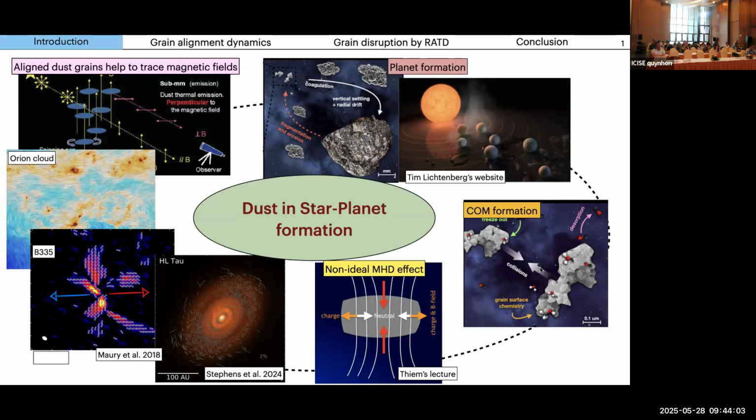The charged dust grains can control the magnetic resistivities, and this affects how well the magnetic field will be dissipated inside the protostellar core to support star formation. So given the wide effects of dust grains in different aspects of star formation, it's very important to understand in detail the properties and the dynamics of dust grains in order to understand exactly how planets and stars were formed.